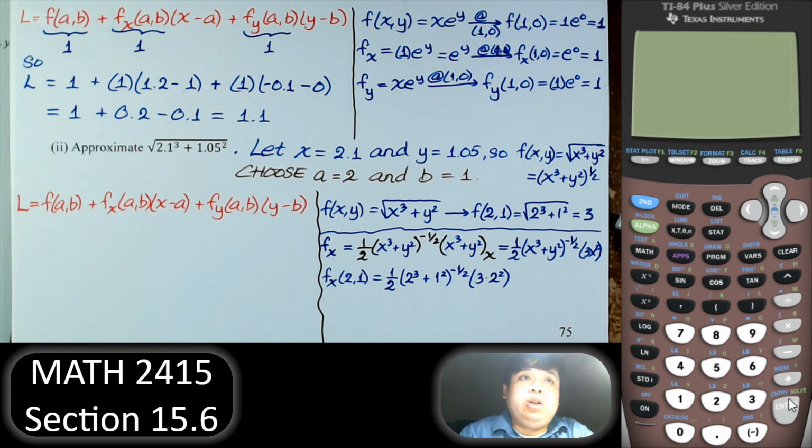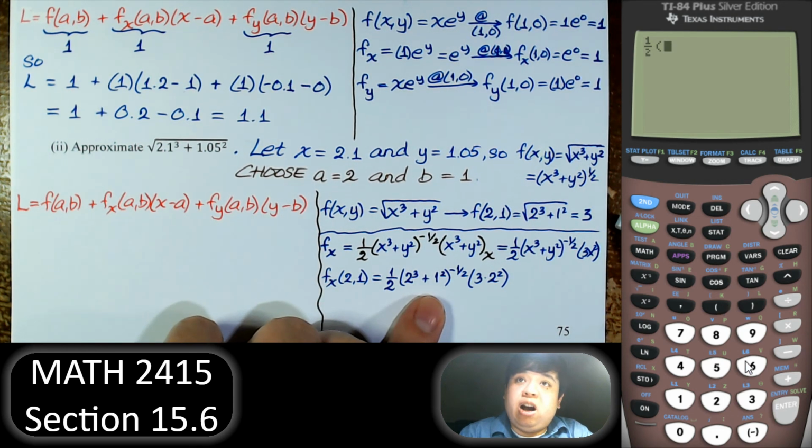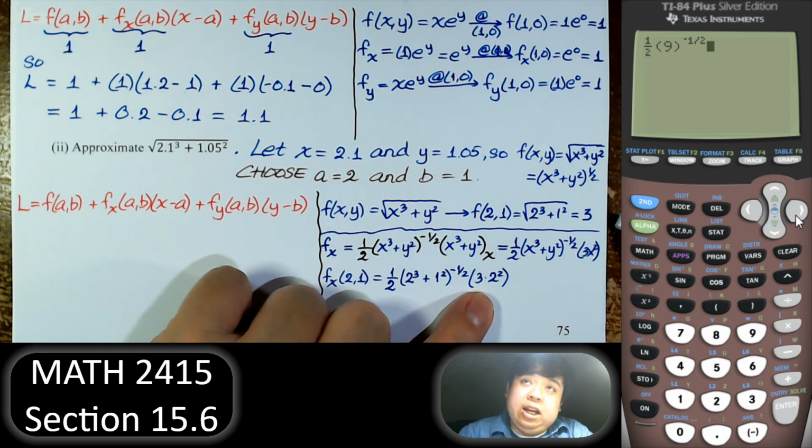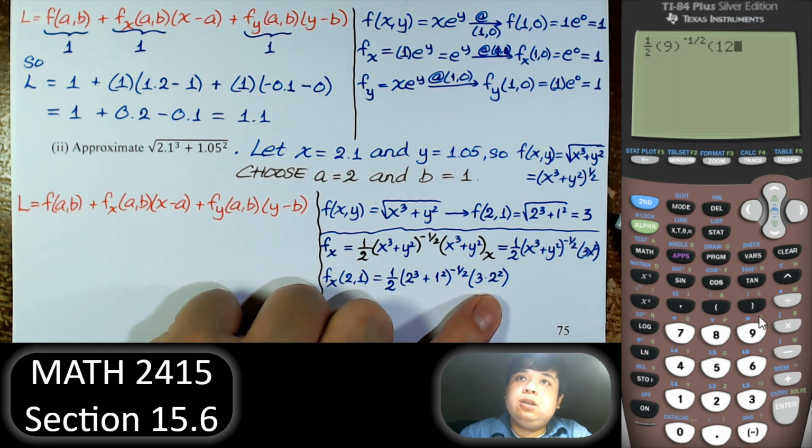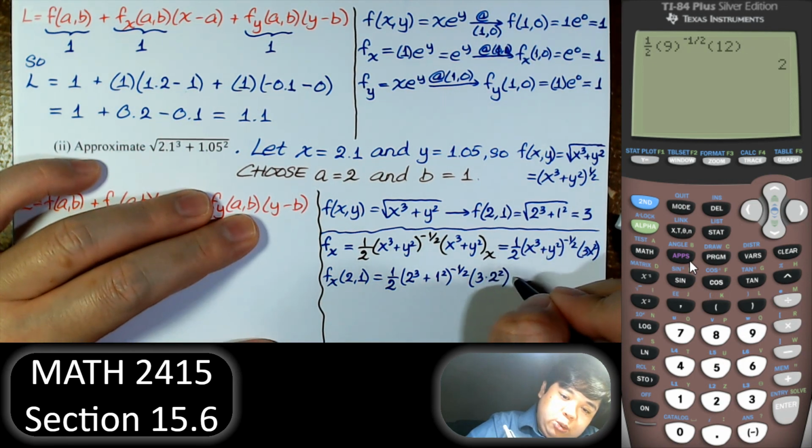Right, I just use the calculator here. So 2 cubed plus 1, that is 9, to the negative 1/2. And then 3 times 2 squared, that is 12. That gives us 2.